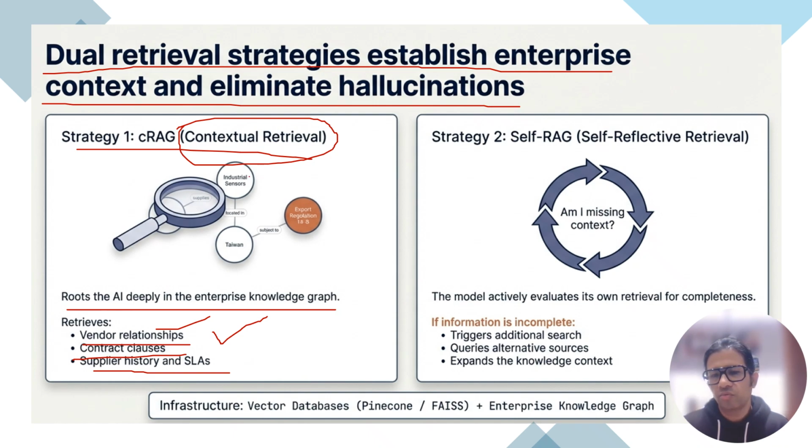And now we come to strategy 2, Self-RAG. Let's go to the right side, and this is the intelligence layer that makes this system even more reliable.